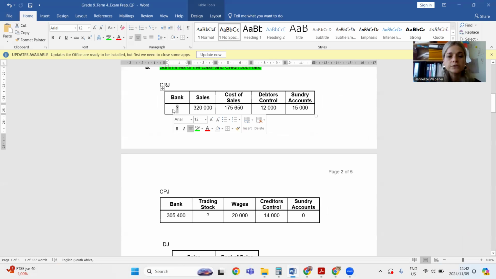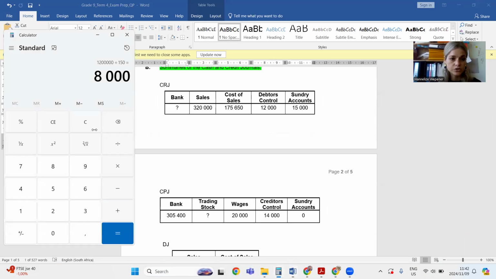We're not going to freak out. We know that bank in the CRJ means everything that we received. So we received sales of 320,000. Then we have this cost of sales expense here. Remember, you didn't receive this amount. This is just you following the movement of your stock from sales.